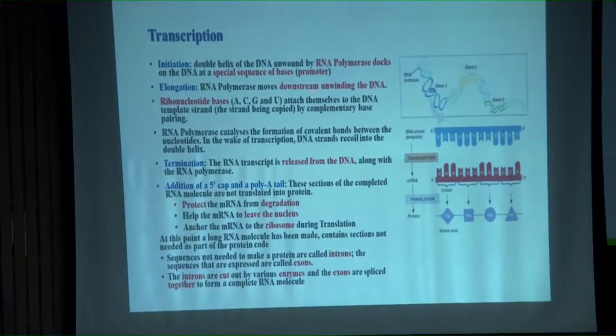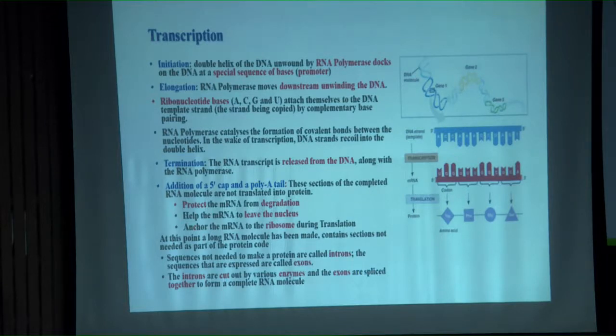Then there is elongation, unwinding the DNA downstream, splitting the double helix structure of the DNA, and based on the single strand the ribonucleotide bases ACGU are gradually added, and then there is termination. After termination, the mRNA is released from the DNA, and the mRNA formed by this transcription process comes to the cytosol.